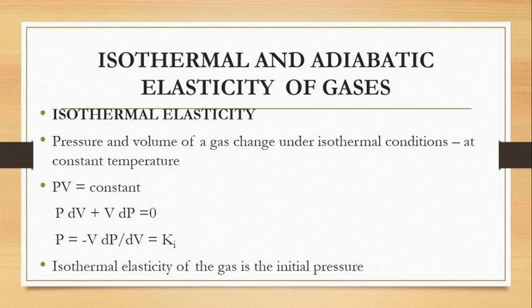Taking differential, we got P is equal to minus V into dP by dV, that is bulk modulus. So since it is an isothermal elasticity, we denote that Ki as isothermal elasticity of a gas, and which we got as the initial pressure itself.